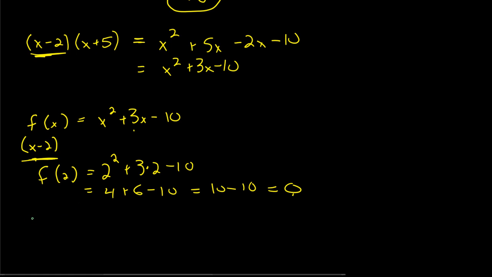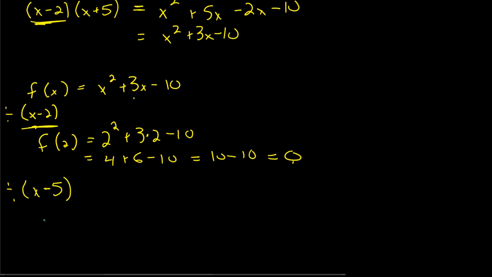But let's say I was to divide f of x by x minus 5. So I'm going to use the remainder theorem. Oops, not minus 5. All right, nope.